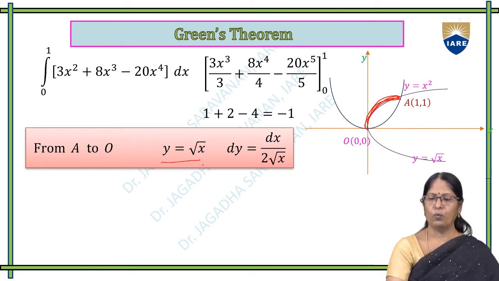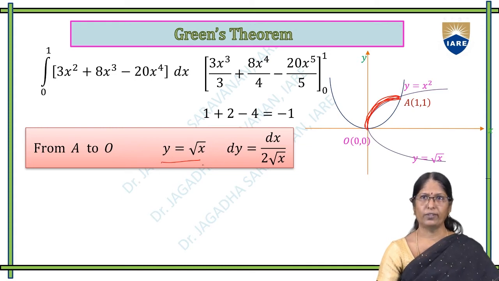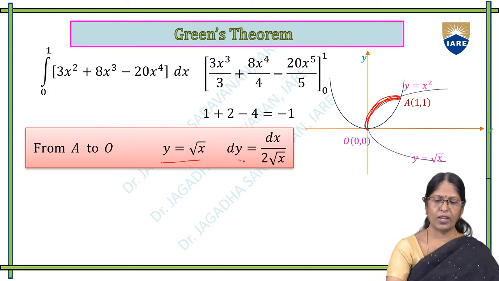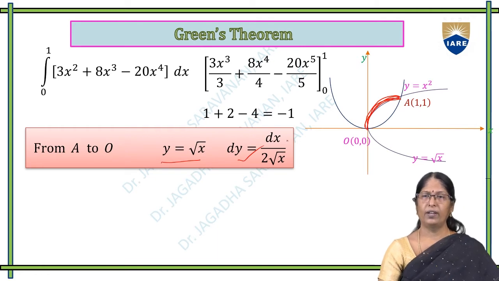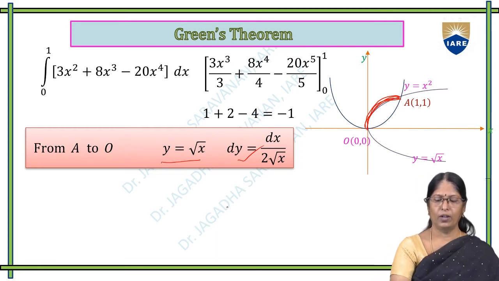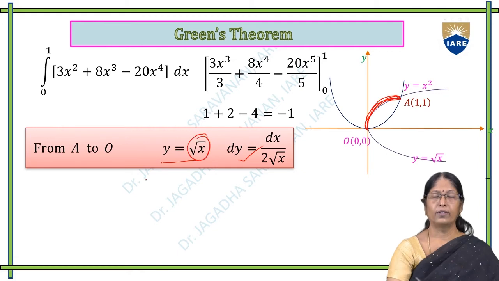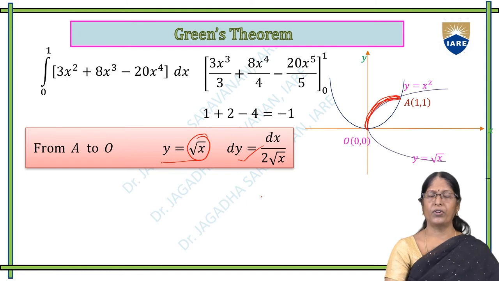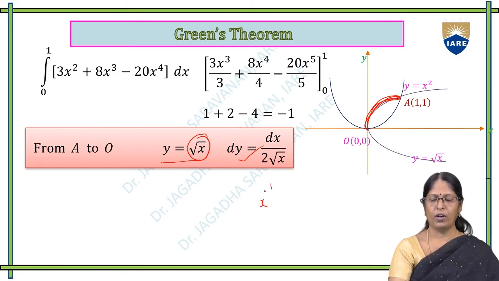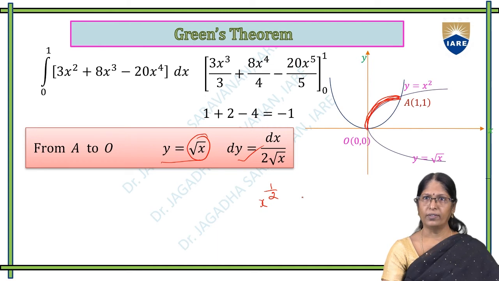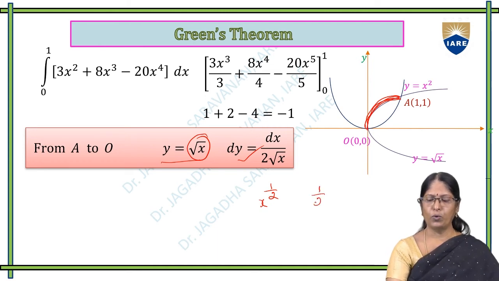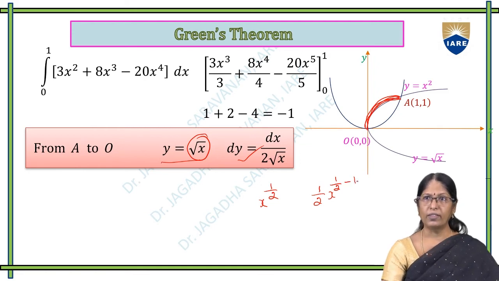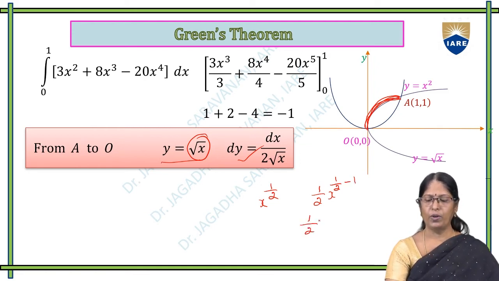The curve is y equal to root x. This differentiation we did. Root x can be written as x power 1 by 2, that is 1 by 2 x power 1 by 2 minus 1, it's nothing but 1 by 2 x power minus 1 by 2.